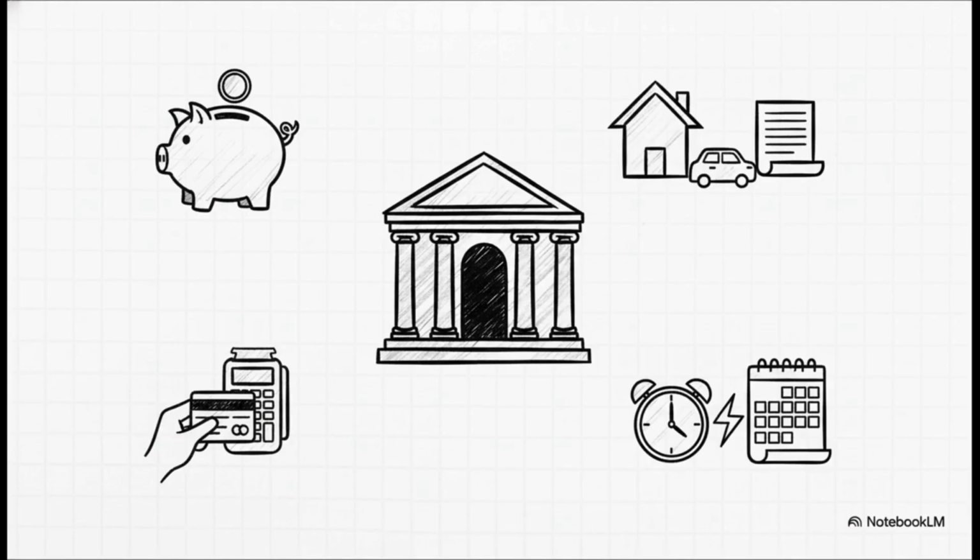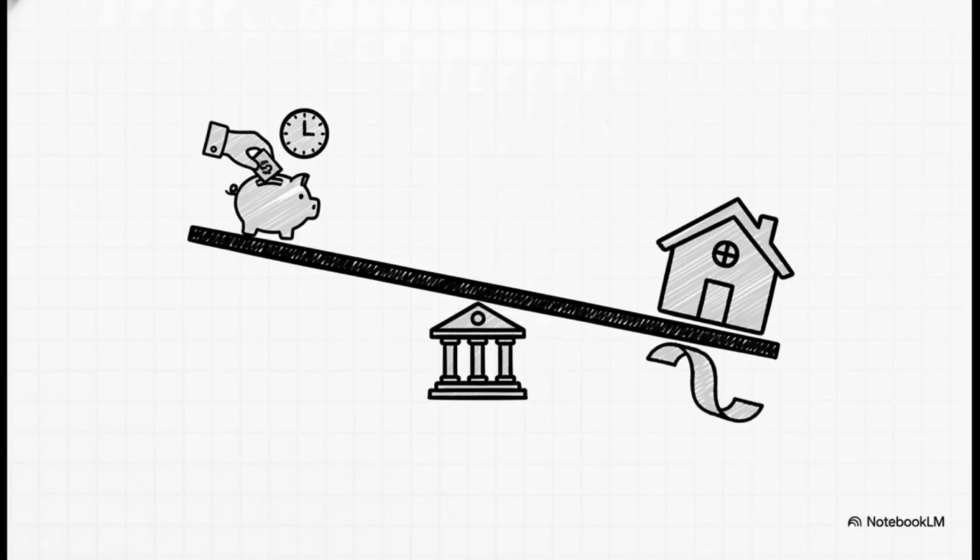Maturity transformation. And this brings us to the central paradox of banking. The fancy term for it is maturity transformation, but the idea is actually pretty simple. Banks borrow money from you on a really short-term basis. Think about it. Your checking account deposit is basically a loan you've given to the bank, and you can demand that loan back, in full, at any moment just by walking up to an ATM.